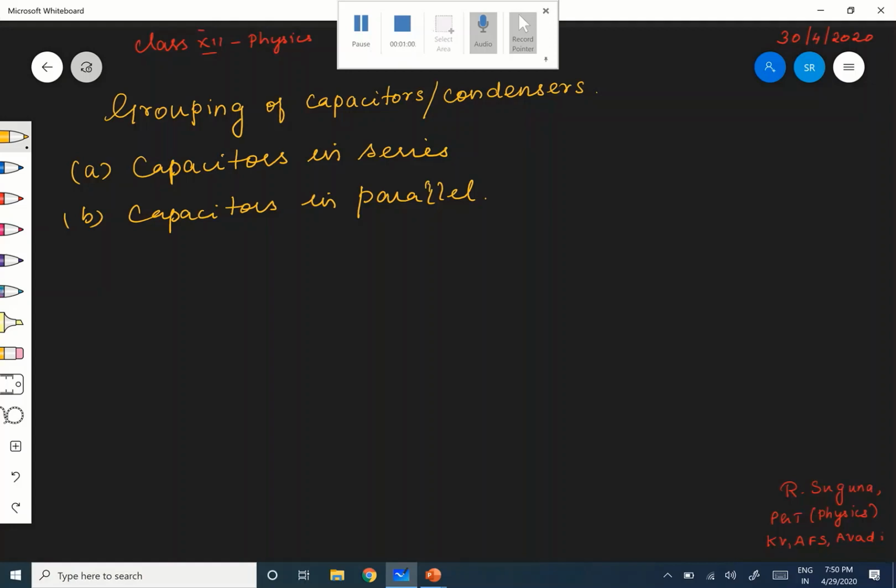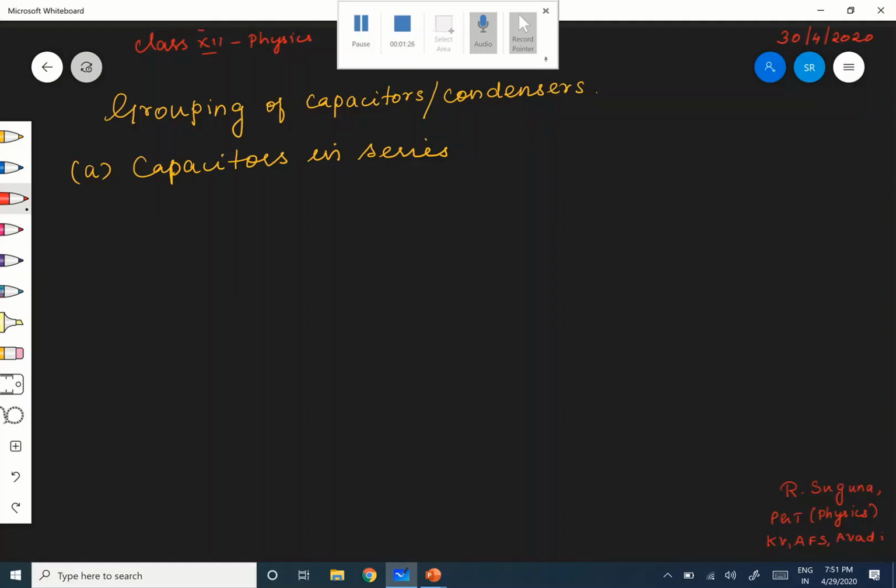So first one, capacitors in series. Now we are going to see. Let me have three capacitors, having capacitances C1, C2 and C3.